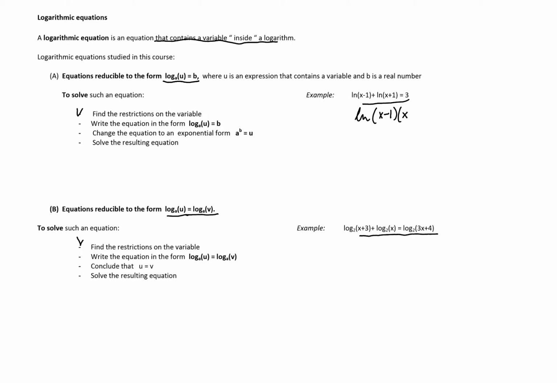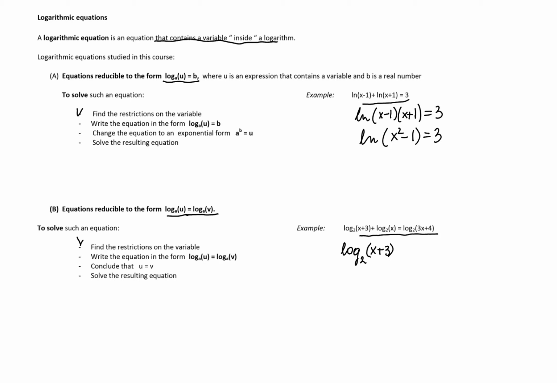The sum of two logarithms is the logarithm of the product, and therefore we'll get the equation logarithm equals a number, which will be in the form ln of (x squared minus 1) is equal to 3. So the second step in both equations is actually the same. We need to use properties of logarithms to rewrite the equation in appropriate form.